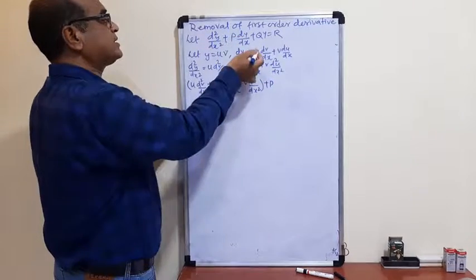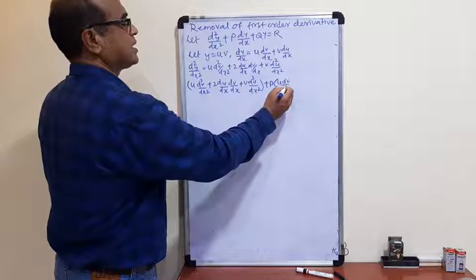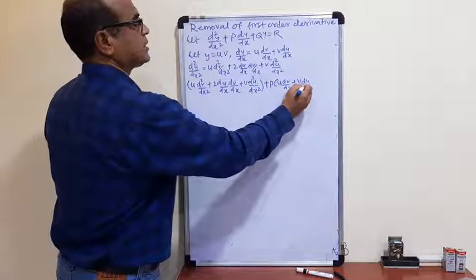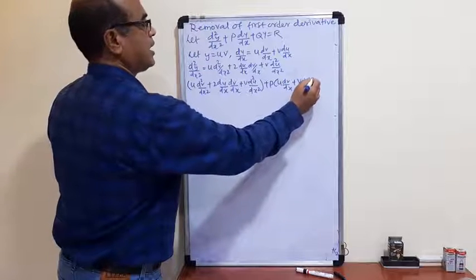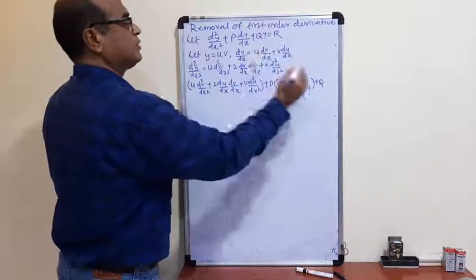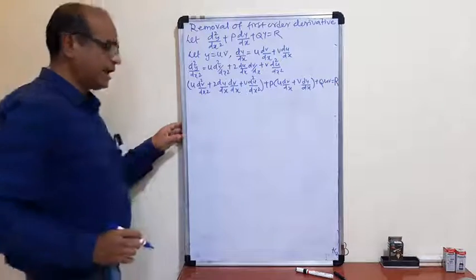What is dy by dx? dy by dx is this, u dv by dx plus v du by dx, okay, plus q. What is y? y is equal to uv is equal to r, okay.